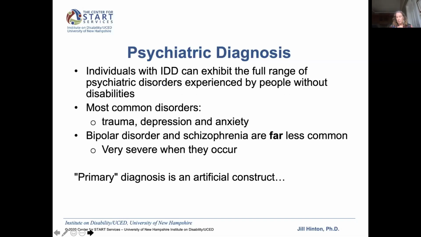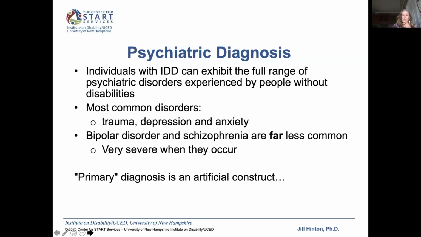So as I said before, START is a program designed for people with intellectual and developmental disabilities, but it is a mental health model, right? So we also consider psychiatric diagnosis. We know that individuals with IDD can exhibit the full range of psychiatric disorders that are experienced by people without disabilities.